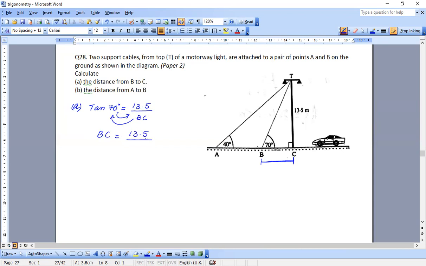Tangent 70 is 2.74. I'll divide 13.5 by 2.74 and I'll get 4.91. So the length of BC is going to be 4.91. Then comes the next part, in which I have to calculate the distance from A to B.